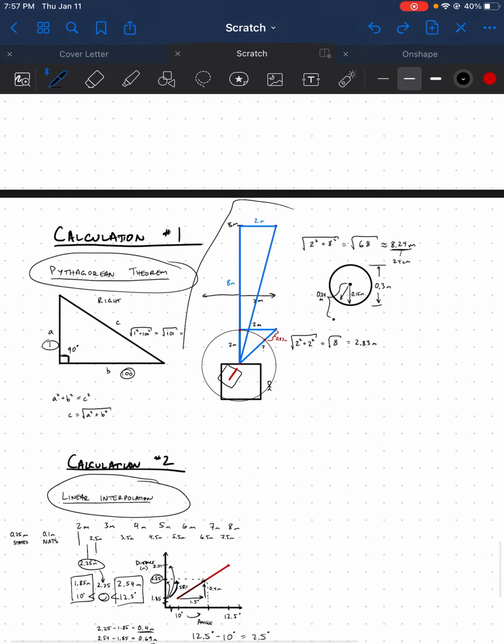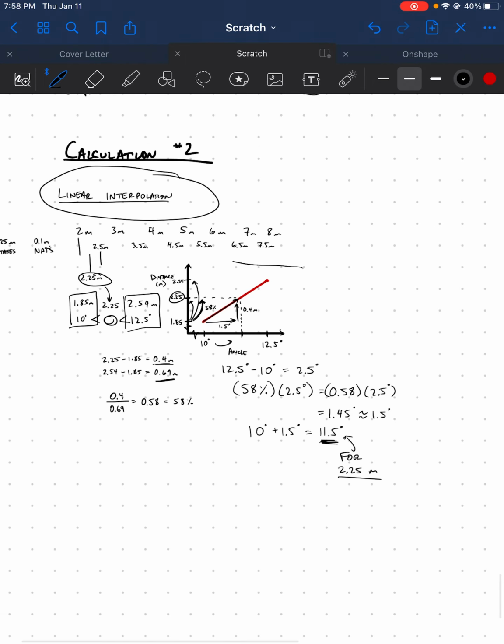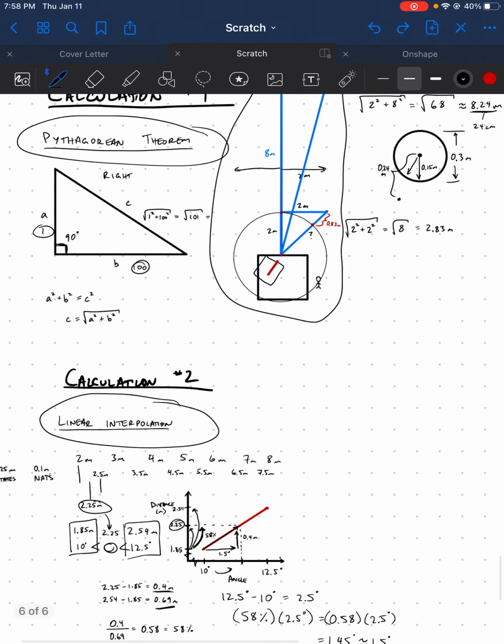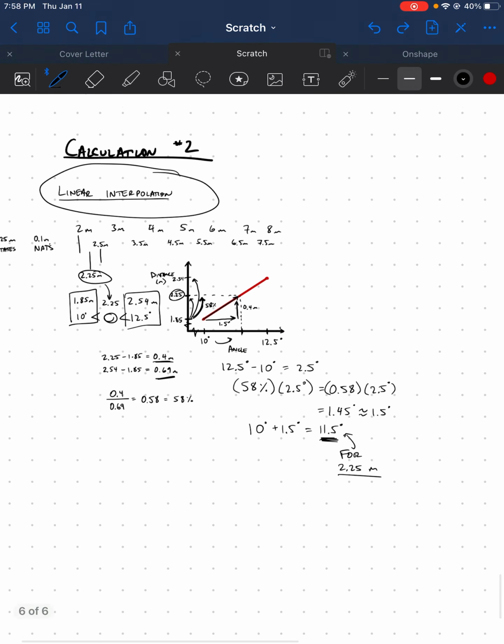For this one, I would draw this diagram. It doesn't have to be beautiful. I drew this graph because I think it's helpful to visualize, but you don't necessarily have to draw it.